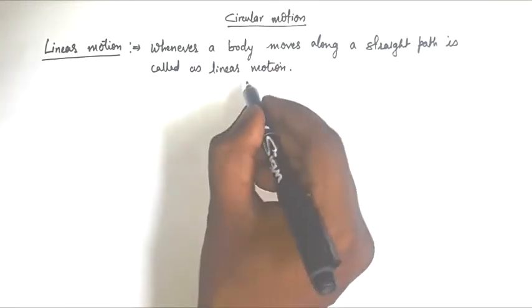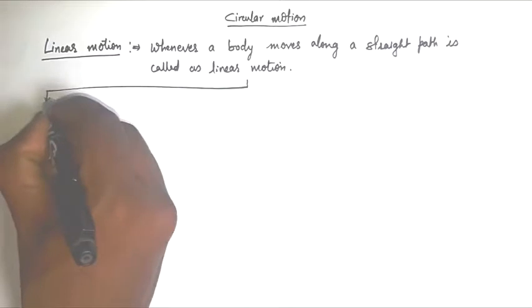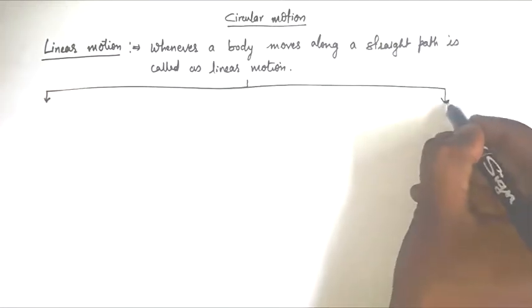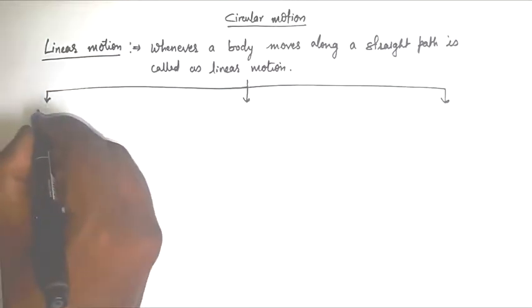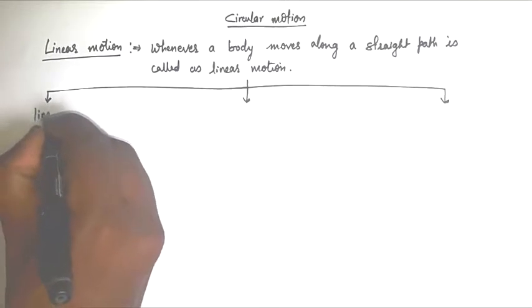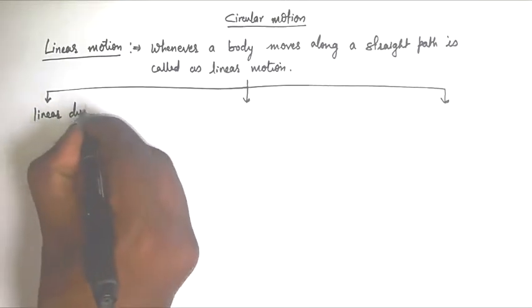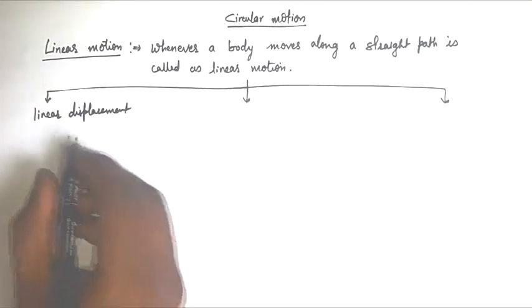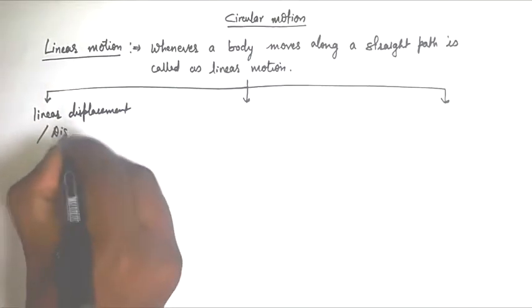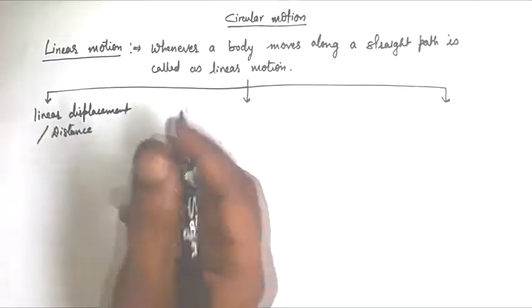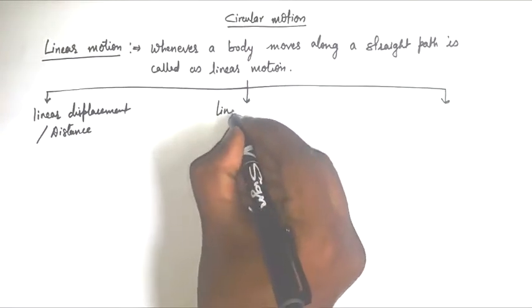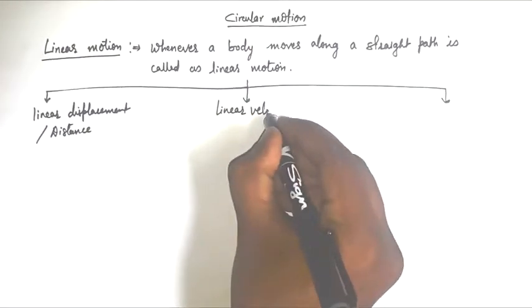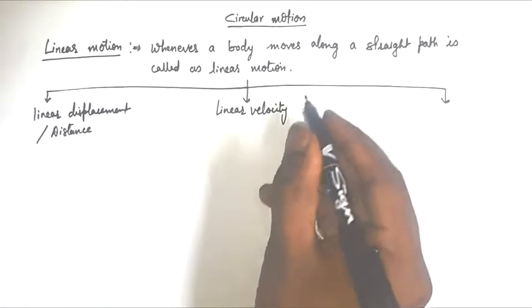Okay, so let's divide this motion into three parts. Basically, motions are attached to three parts. First part is displacement. Here we call it linear displacement. Along with linear displacement, we have to discuss distance. After that, we need to know the next term, that is linear velocity.